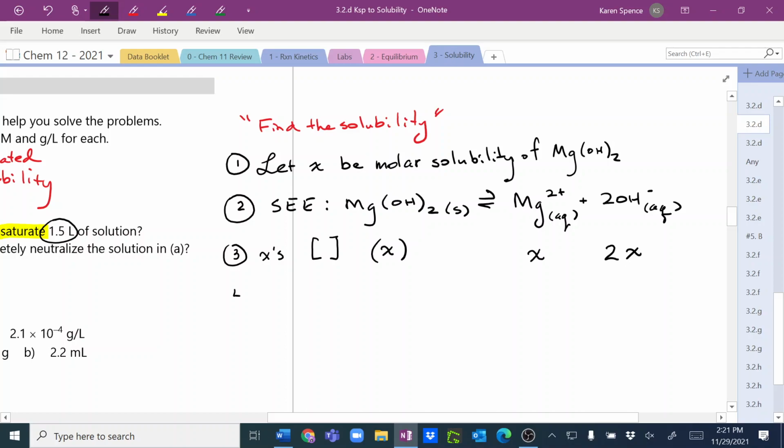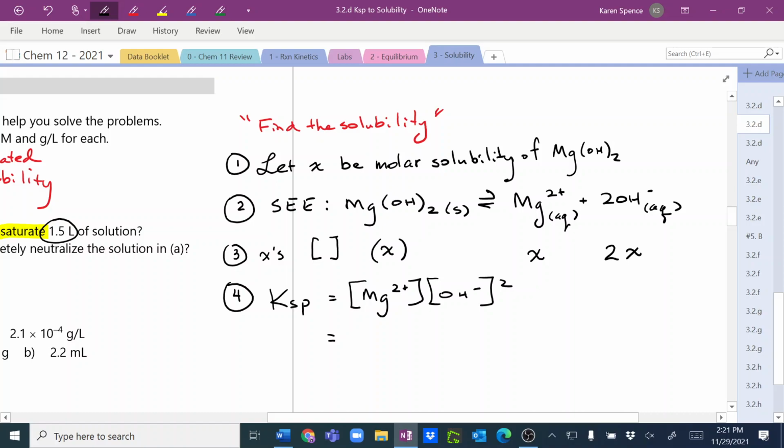Can you guess what the fourth thing we're going to do is? It's one of the things that we always do. Ksp. Ksp is equal to Mg2 plus times OH minus squared. What do we do with those x's now?